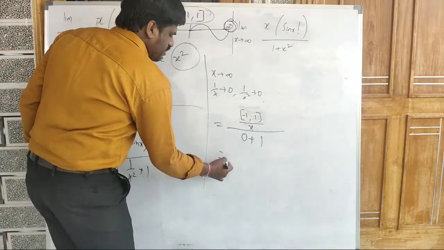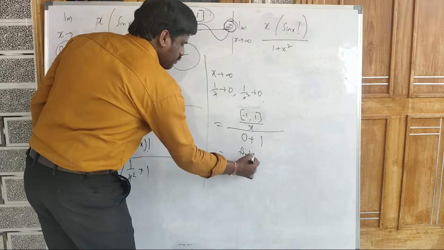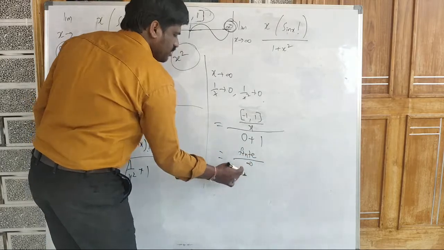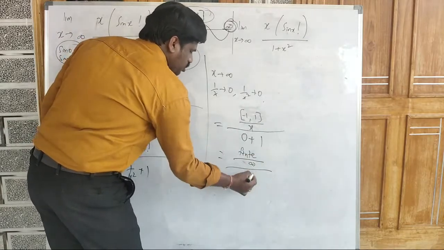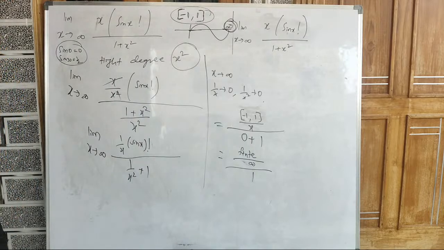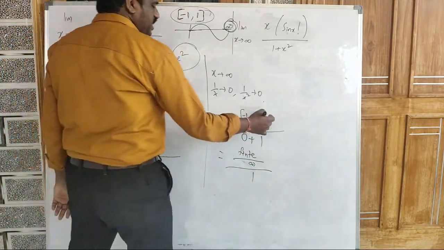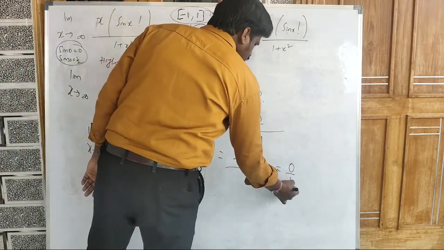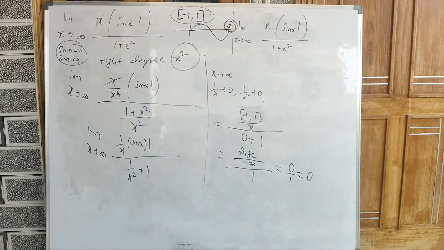So what I get here, this is very important, finite by infinite, divided by 0 plus 1 is 1. So finite by infinite is how much? 0. Finite by infinite value is 0. So 0 by 1 is equal to 0. Finally, the answer for this is 0.